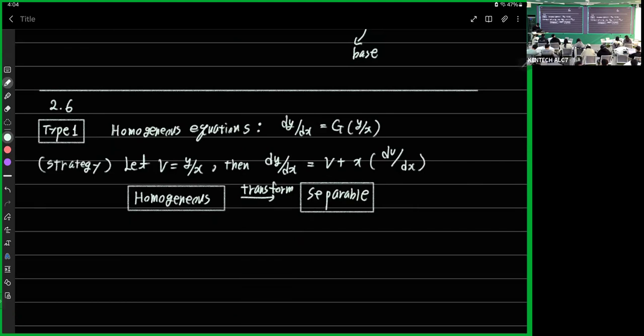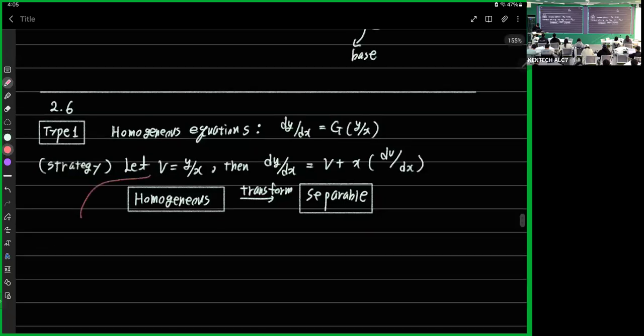Next one is type 2. By the way, did you get why dy/dx is equal to v plus x times dv/dx? You just take the derivative of v with respect to x.